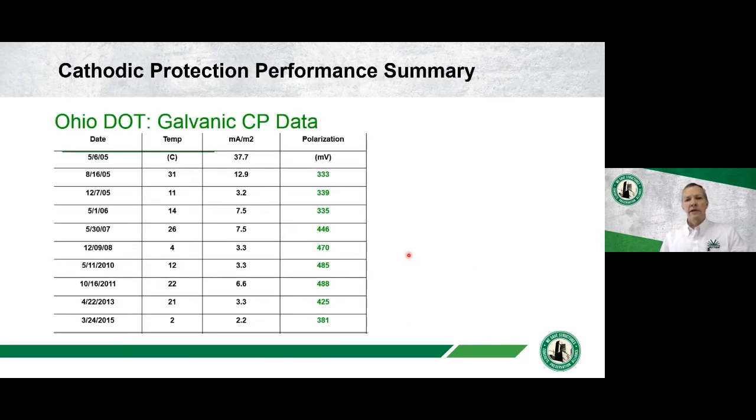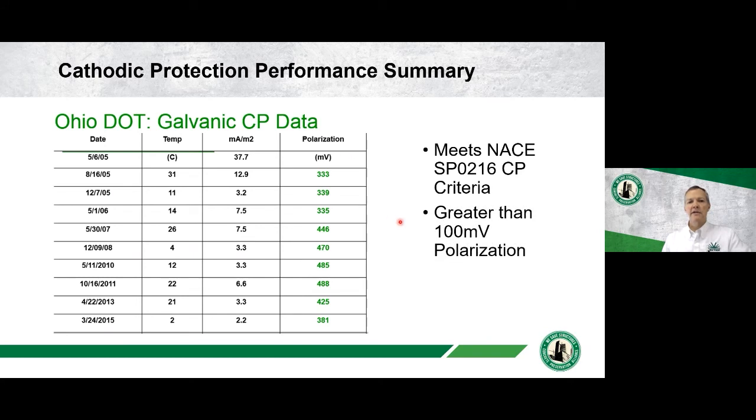One of the parameters that you are going to measure when you're doing cathodic protection design is a parameter called polarization. We can talk about that more in maybe a subsequent webinar. This project has met the NACE cathodic protection criteria, or the NACE standard, since 2005, because the polarization has been 100 millivolts or greater since it was installed, and that's one of the criteria in the NACE standard for cathodic protection.